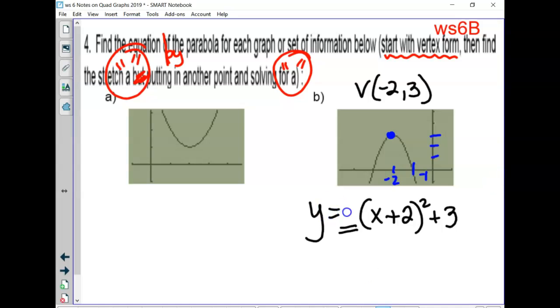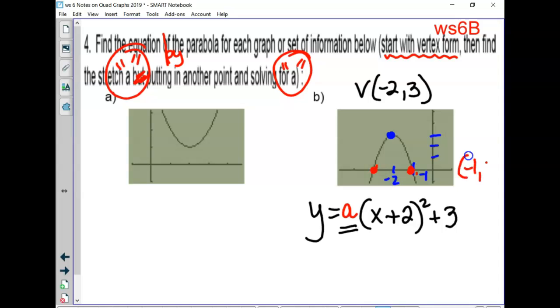Okay, we need to go back and find A. It says start with the vertex form, then find the stretch A by putting in another point and solving for A. So I need another point on this parabola. Can anybody identify another point? You want to put in 0, -1 is not a good plan, because that's not the name of that point.